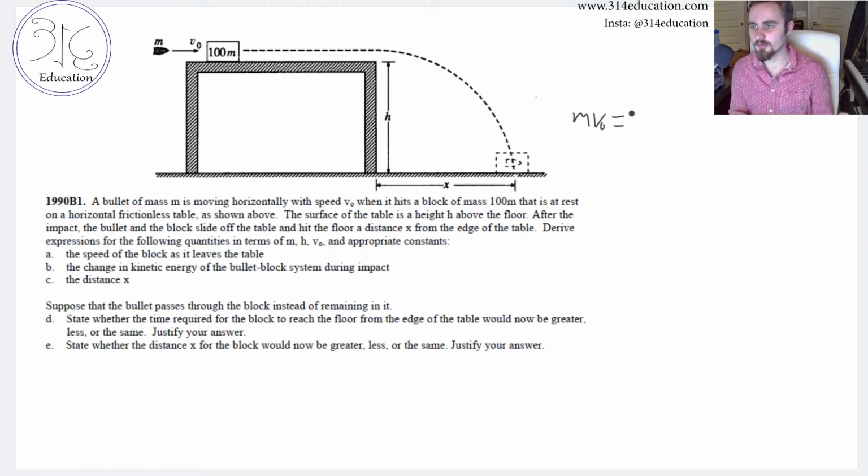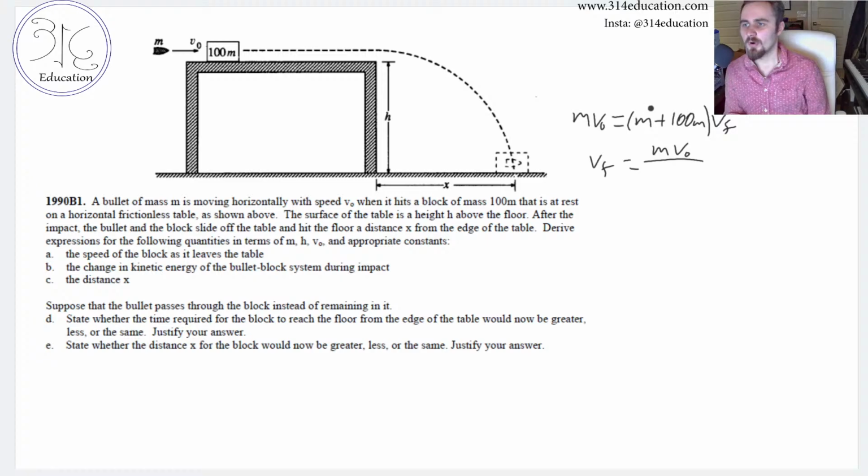But after the collision, the two masses, m plus 100m, are going to be traveling at some v final. Getting that v final on its own is going to equal our m v naught divided by m plus 100m, which is 101m, which we can divide by m just to get, in terms of v naught, our v final is equal to v naught over 101.